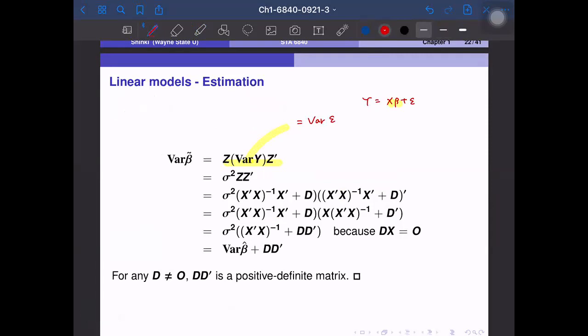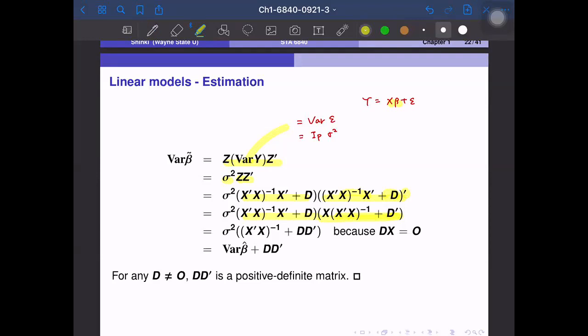So since this is equal to identity matrix times sigma square, we interchange the position of this identity matrix and Z, and we get sigma square first, then Z times Z prime. And Z is this matrix, Z prime is this. So we transpose this because we have 2 terms, so we get this.